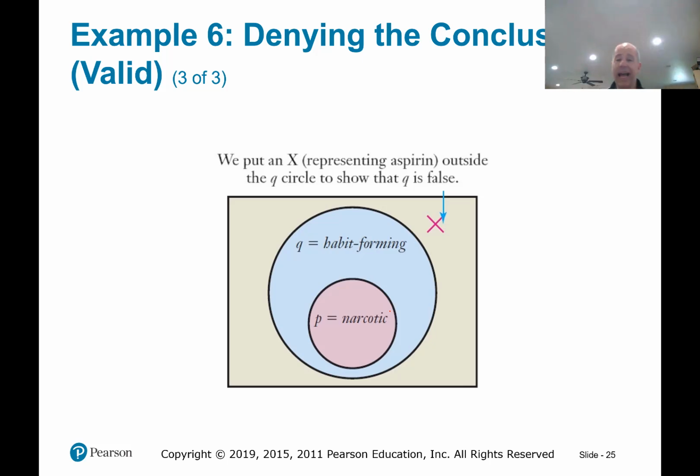So where do we put the X? The X has to go outside the blue circle. Well, look what happens. Since it's outside the blue circle, it is also necessarily outside the pink circle, which means it's not a narcotic. So therefore, this is valid because there's no ambiguity, no confusion, no vagueness about where to put the X. So this is a valid argument.